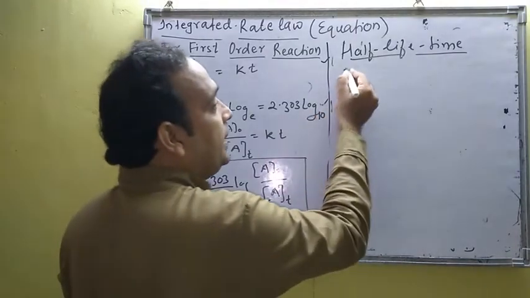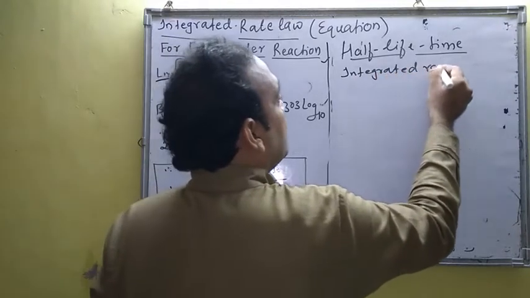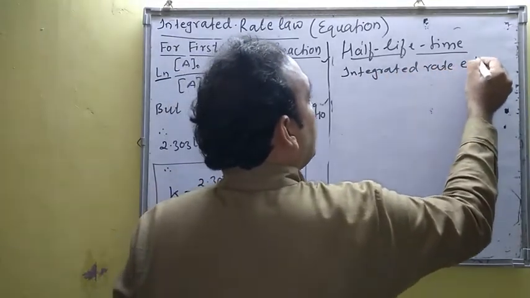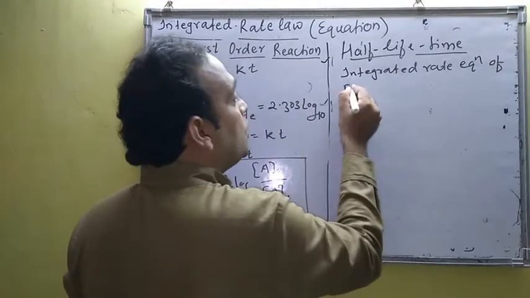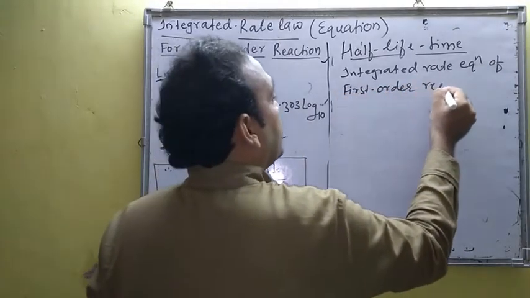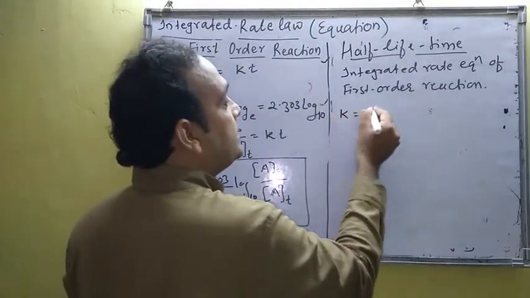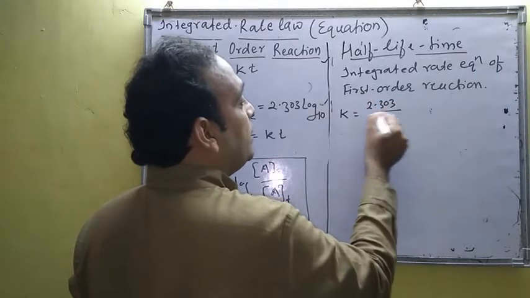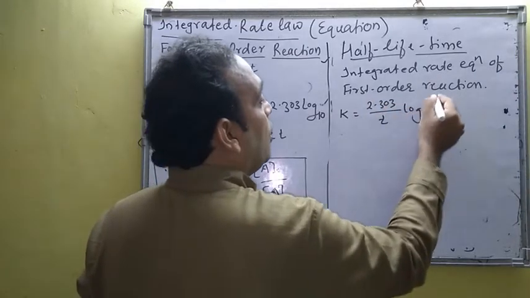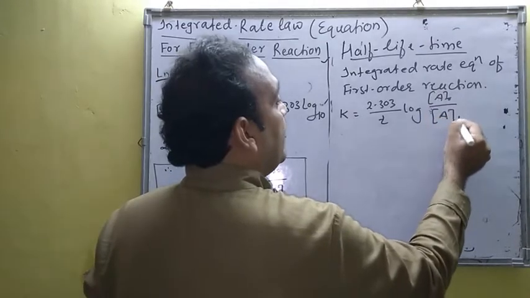Now write the integrated rate equation of first order reaction. What is the integrated rate equation of first order reaction? So K is equal to 2.303 upon T log of concentration of A0 by concentration of AT.